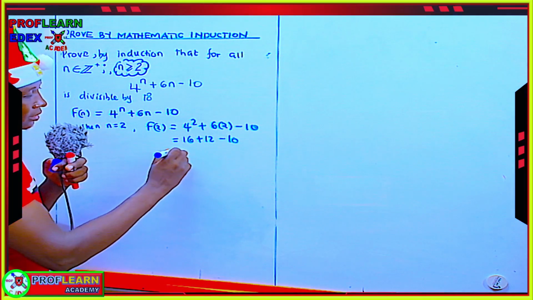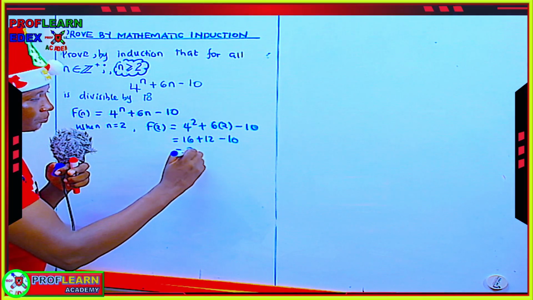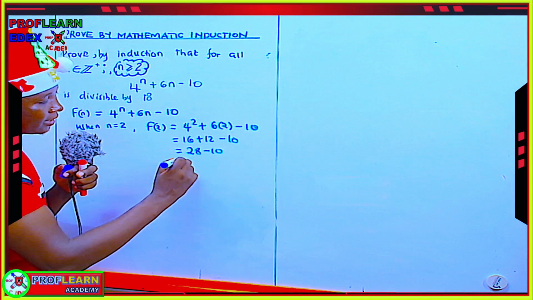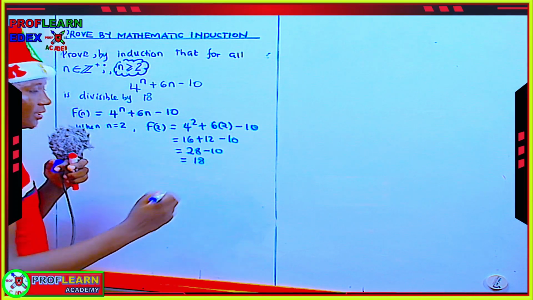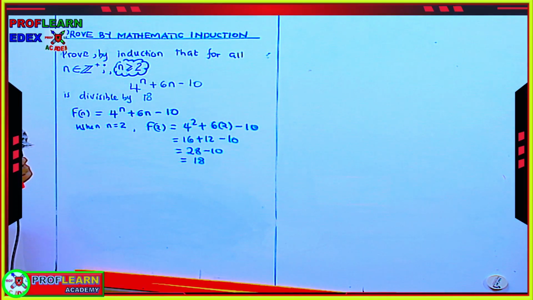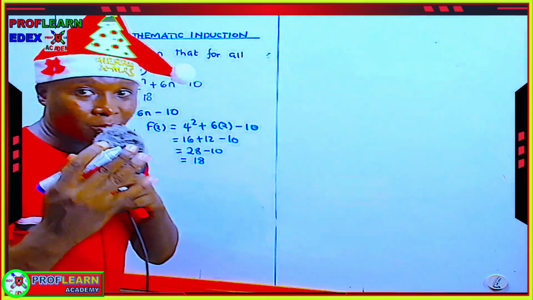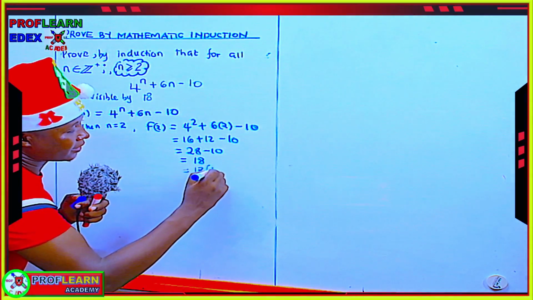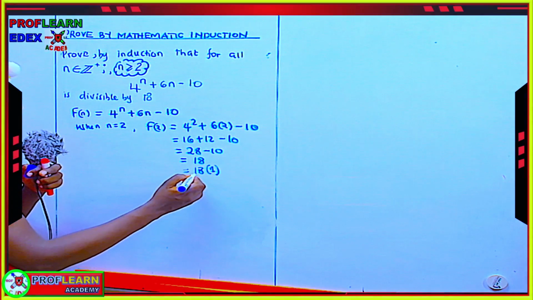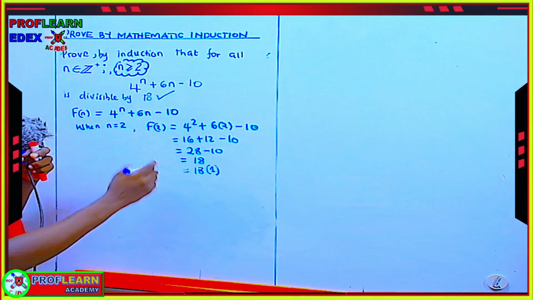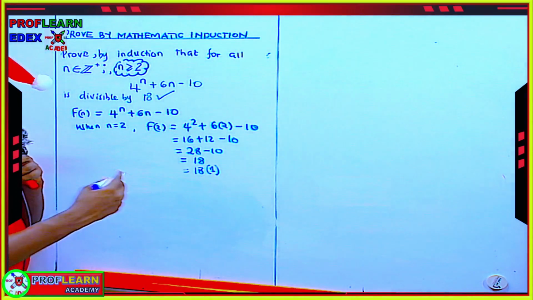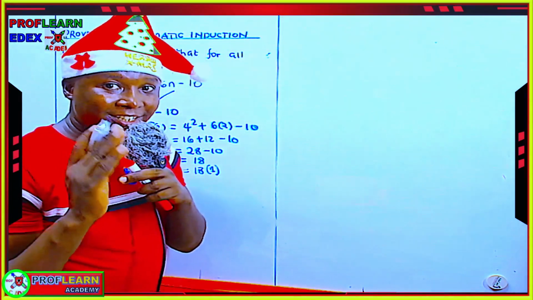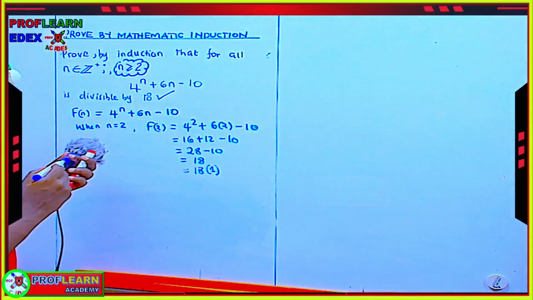If we add, this is going to translate to 28 minus 10, and you can see this is what? This is 18. So you can see this number 18 that we have here can be written as 18 times 1. So meaning 18 is divisible by 18. So this expression is true.